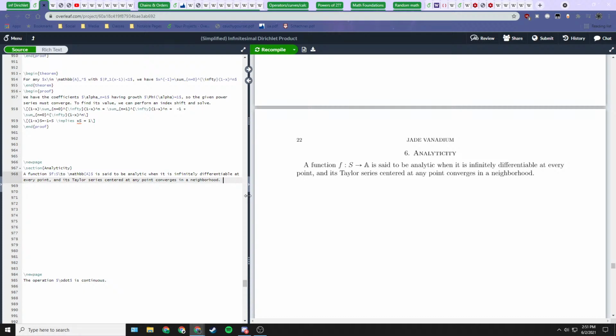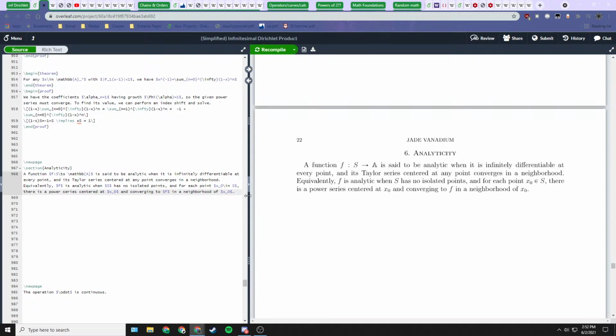We can say equivalently f is analytic when S has no isolated points and for each point x0 in S, there is a power series centered at x0 and converging to f in a neighborhood of x0. So both of these definitions are equivalent.